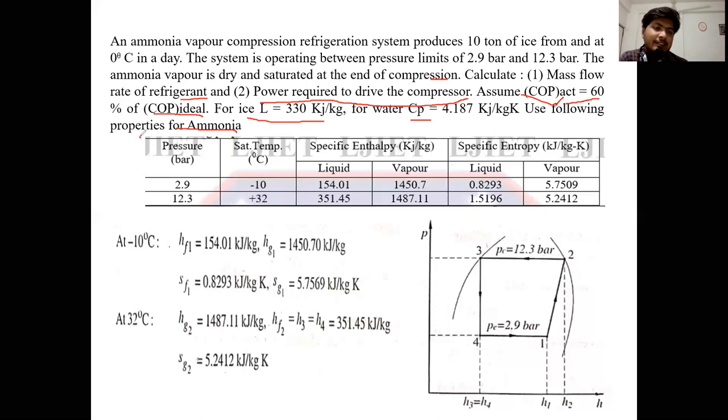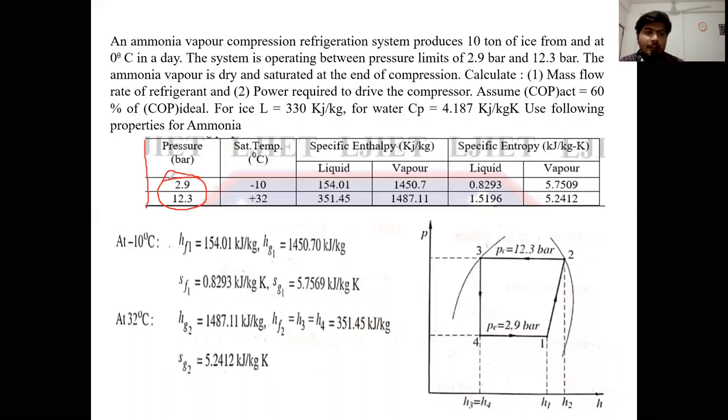A table is given for ammonia. If it is not given, then this data is taken from a refrigeration table. One table in the exam is already given, that is the refrigeration table. If the values are not given for this numerical, then corresponding to this pressure, we get the data from the refrigeration table which is given in the exam.